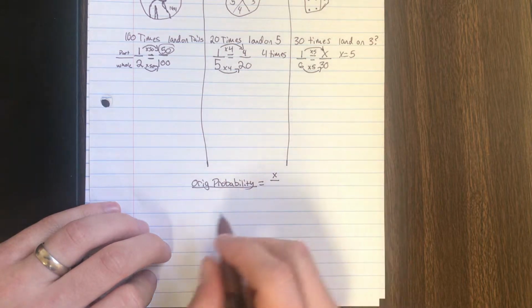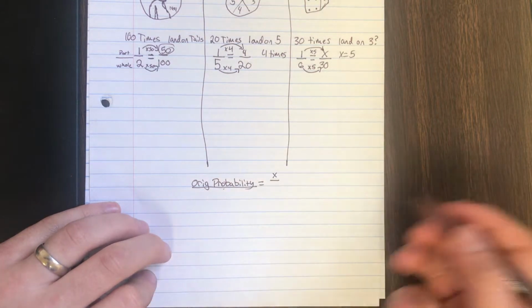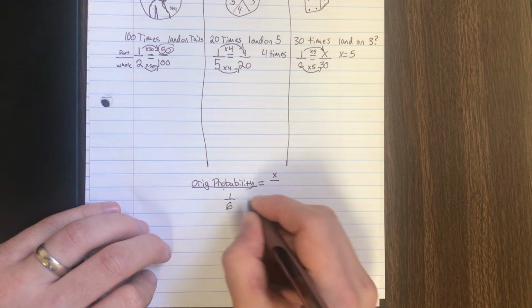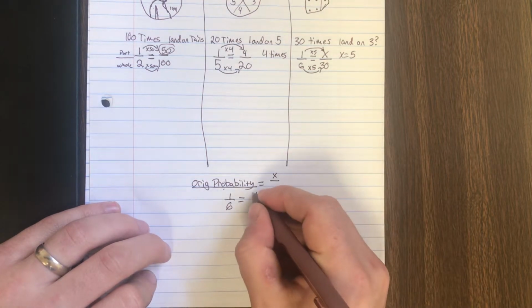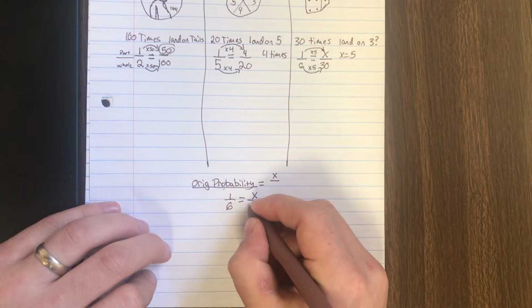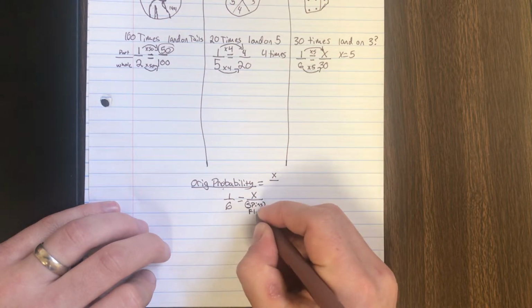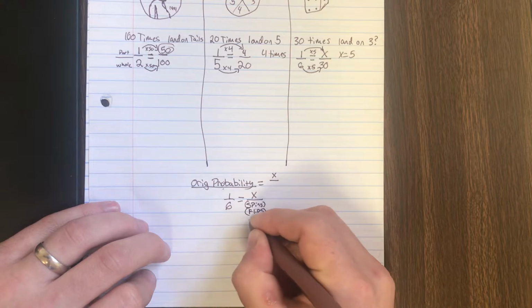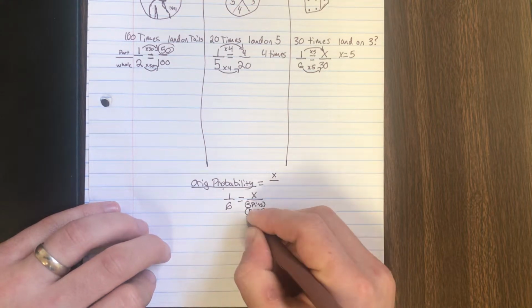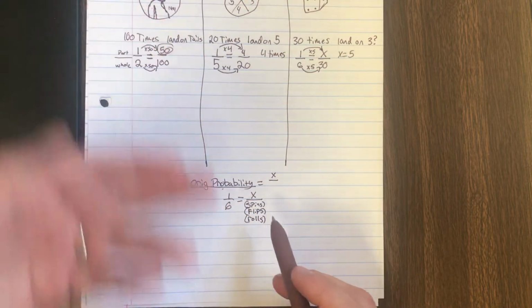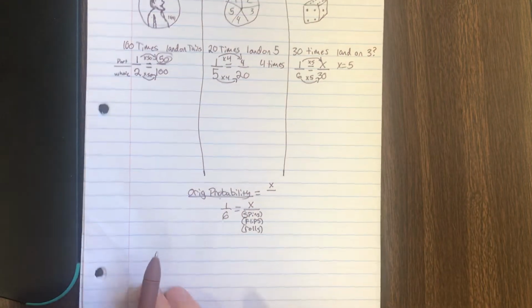So your original probability, meaning 1/6 for a die, equals x over however many spins or flips or rolls, whatever it may be. Spins would be for the spinner, flips would be for the coin, rolls would be for the die, okay?